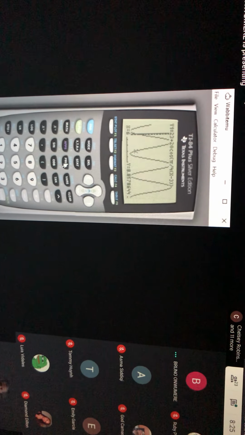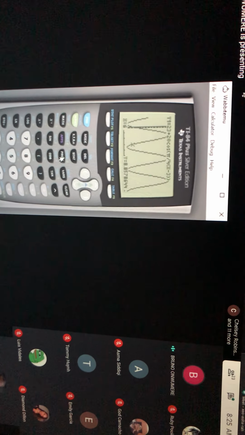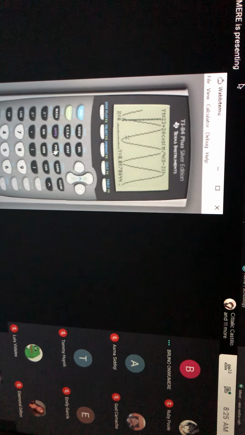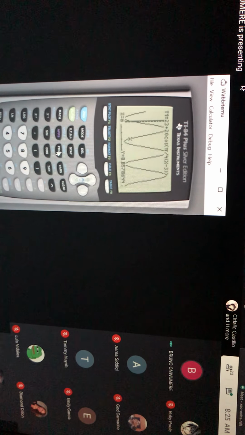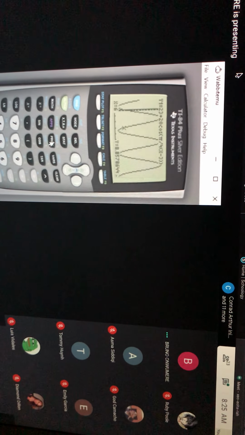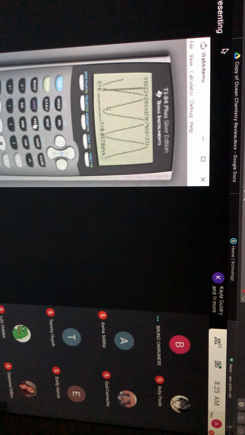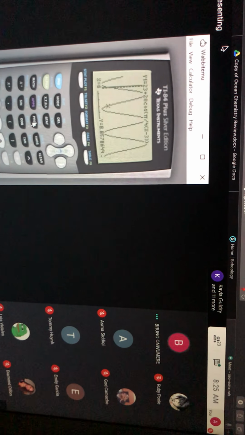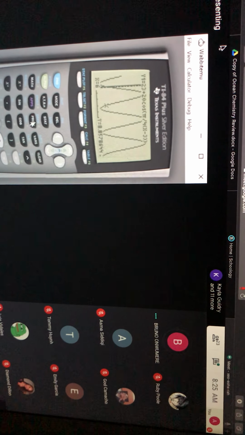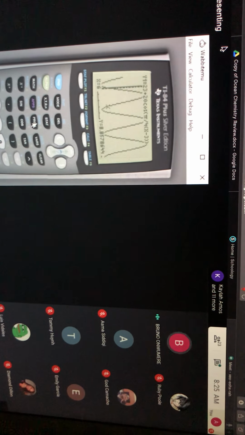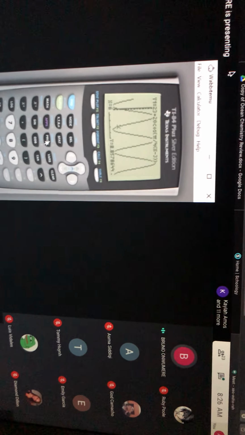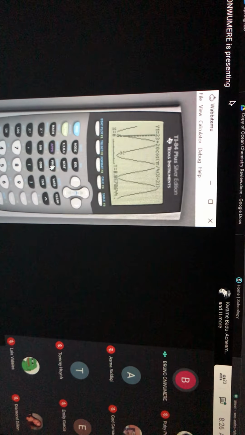Achimpong, what did he get? What did you get when t is equal to 4 1/3? How do you put 4 1/3? No, you got to put 4.3333 all the way to the end of the calculator until you cannot go further.